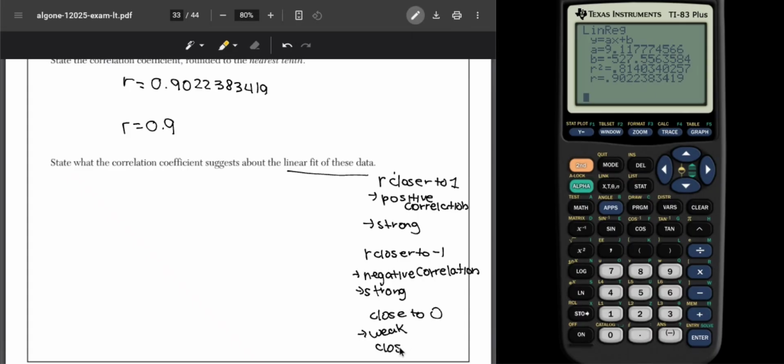And if it's close to, say, 0.5, then it's going to be a moderate negative or moderate positive correlation. So our R is 0.9.